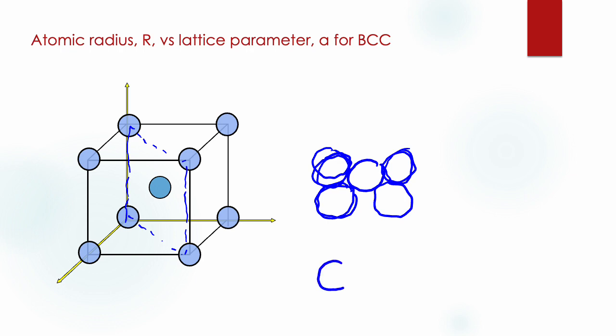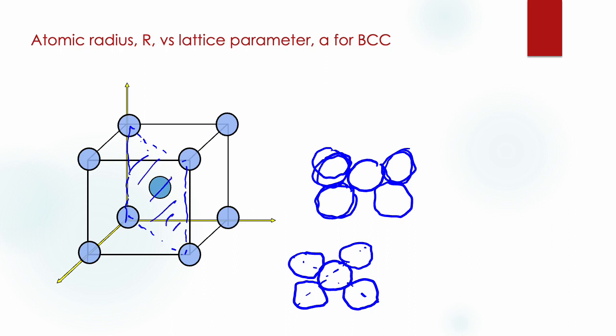And so let's try this, see if I can do a better job. There we go. So that's what this plane looks like. And like I said earlier, the length of any side of this is a, that lattice parameter, and the volume then would be a cubed.